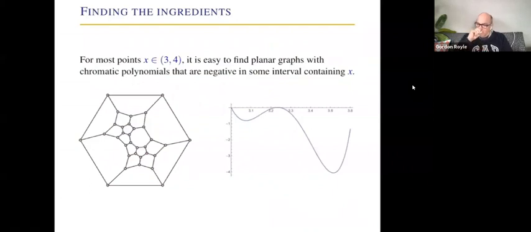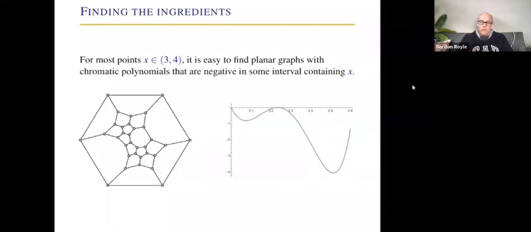Okay, so the Birkhoff-Lewis conjecture says that the region from 4 onwards should have no chromatic roots. And what we're trying to do now is fill in the region up to 4. And of course, the goal is to show that from 32 over 27 all the way up to 4, the planar chromatic roots are dense in that interval. Okay. For most points between 3 and 4, it's easy.